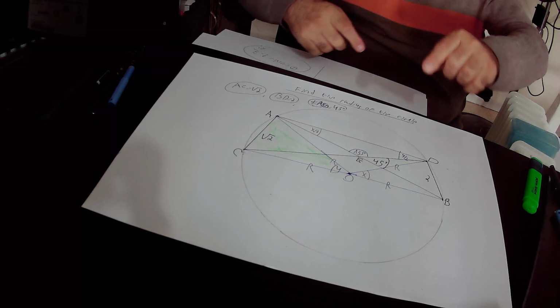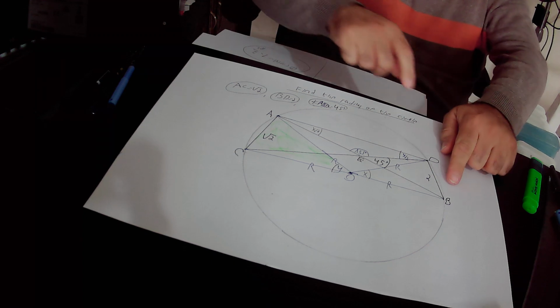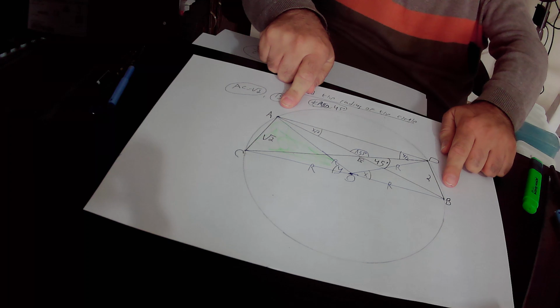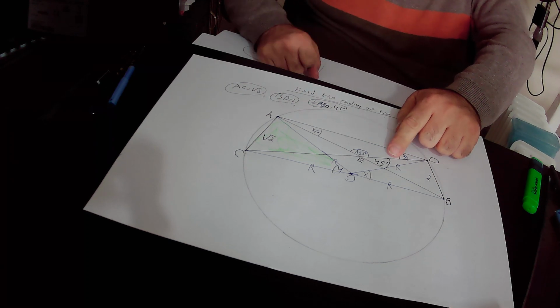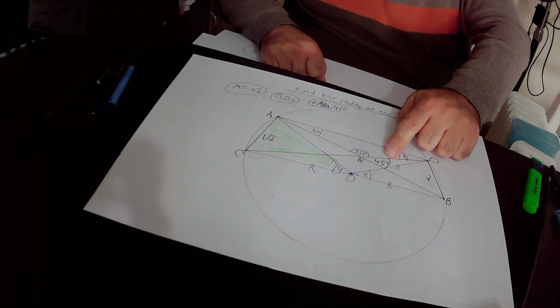So, here we focused on the straight line AB. On the straight line AB, we have this angle equal to 45 degrees. AB is a straight line, and the sum of the angles on one side of the straight line is equal to 180 degrees.